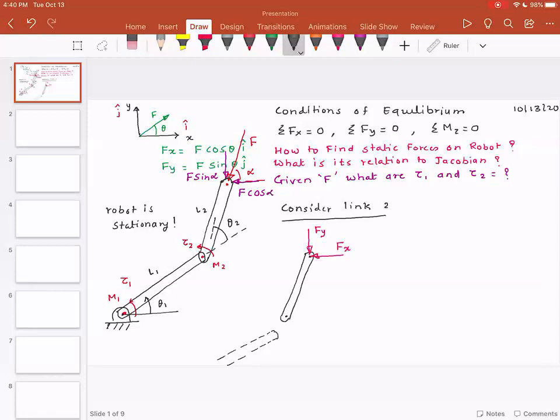And as soon as I separate the links, virtual forces or reaction forces come into the picture. I'm going to show the reaction forces here, something like this. So I have one reaction force here, and I have the other reaction force over here. And please note, these are the virtual forces.